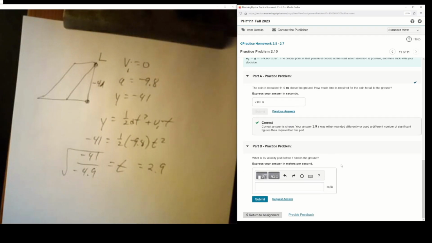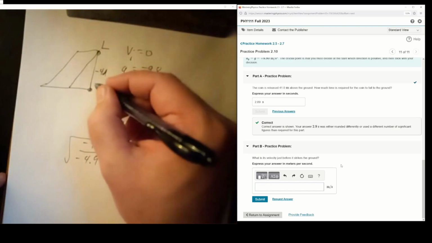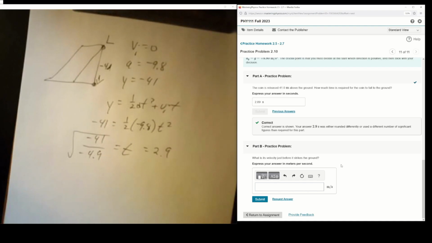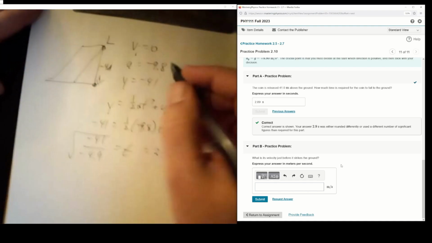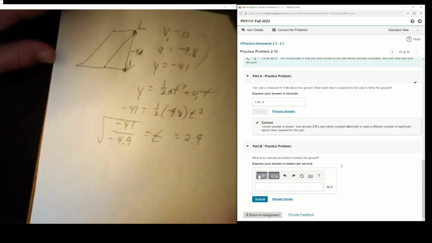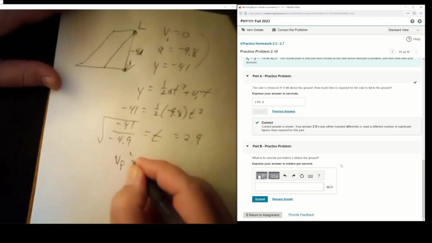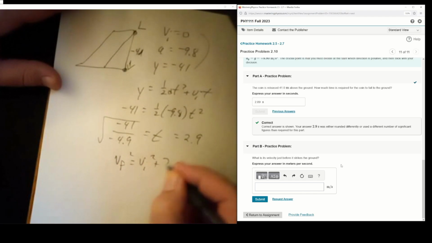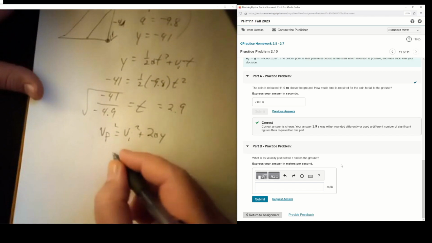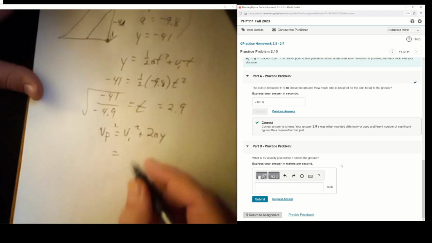And what is the velocity just before it hits the ground? So right here, just before it hits the ground. A couple equations we could use. And we can use the same information again, actually, with this equation. So looking for final velocity, initial is 0.